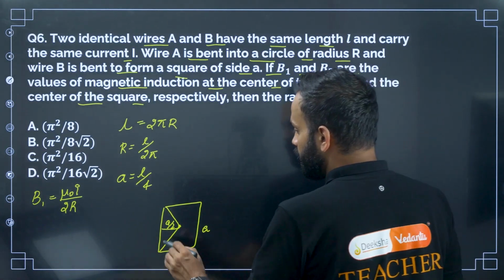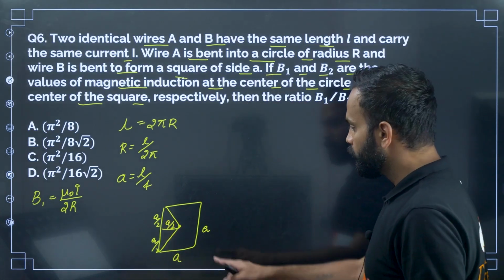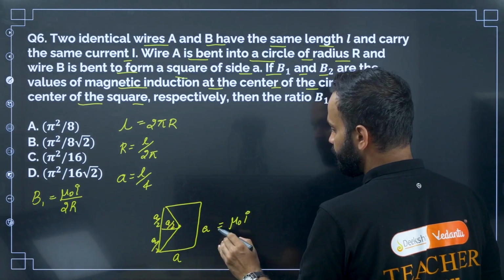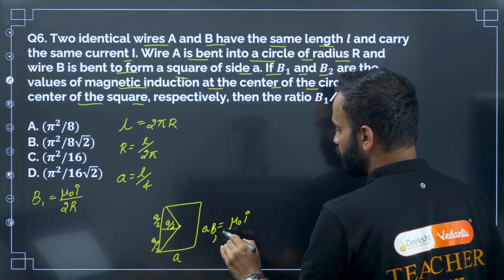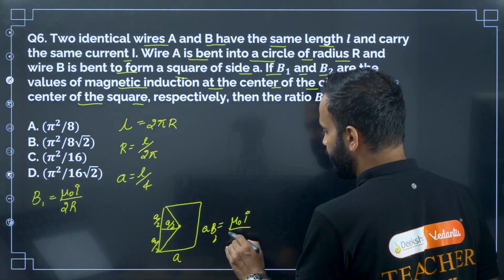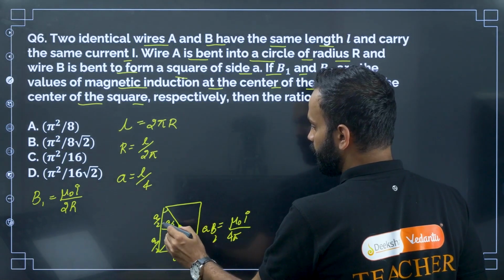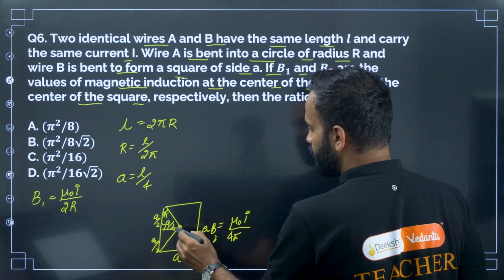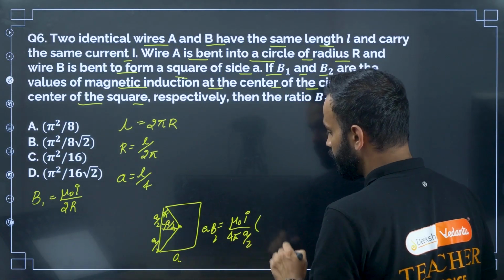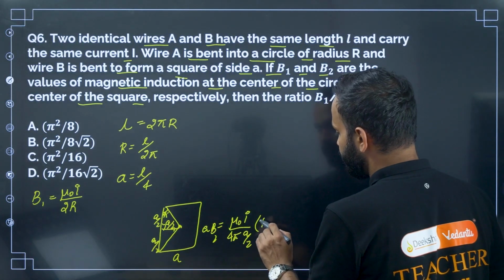The magnetic field at the center due to one wire is mu naught I divided by 4 pi into A by 2, into sine 45 degree plus sine 45 degree, since each angle is 45 degree. That is 2 by root 2, which is root 2.